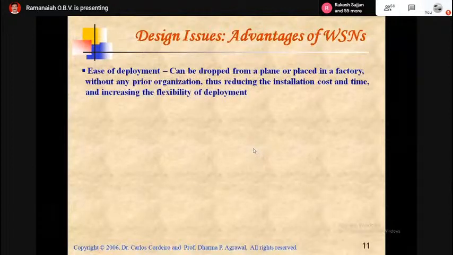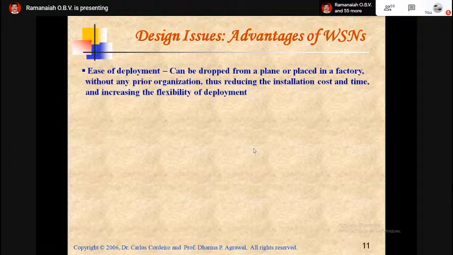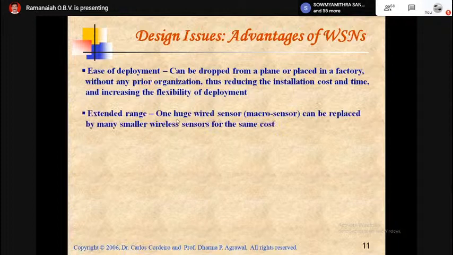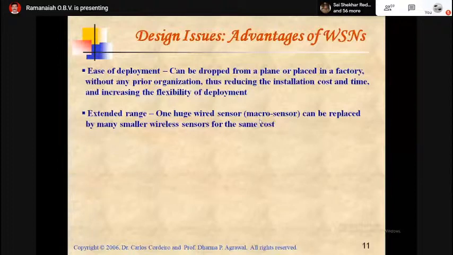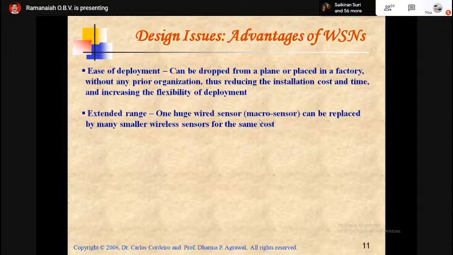Ease of deployment. In fact, instead of design issues, you can call them as the merits of wireless sensor networks. There is a lot of convenience in deployment, right? Extended range. This is particularly the comparison between wireless versus wired sensors. That way, you can have extended range, sensing range with the help of a wireless sensor network.